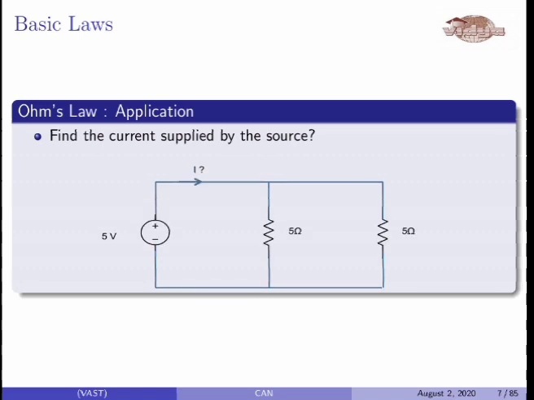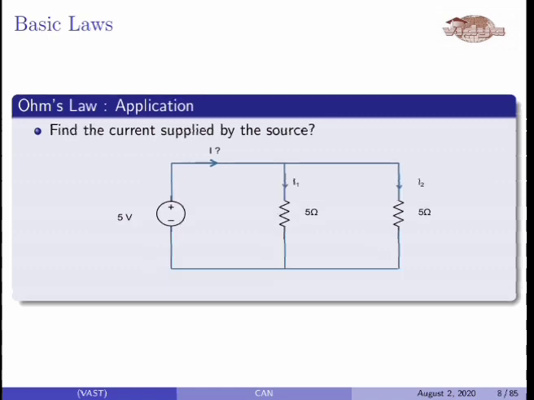In order to find the current, we first have to find the current through the resistors. We know that the voltage across each 5 ohm resistance is 5 volt, so we can find the current through the resistors by using Ohm's law. What is I1? I1 will be equal to the voltage across the resistance, 5 volt, divided by the value of resistance, 5 ohm. So I1 will be 1 ampere.